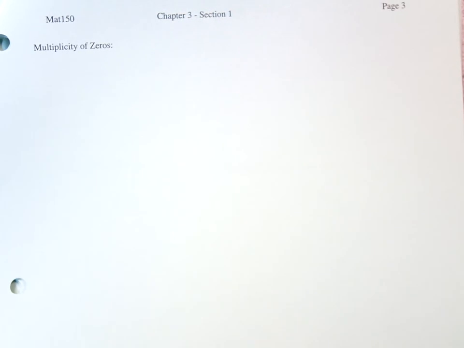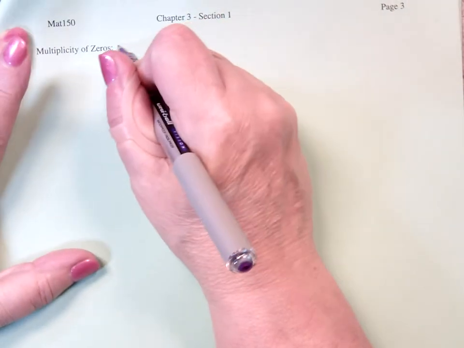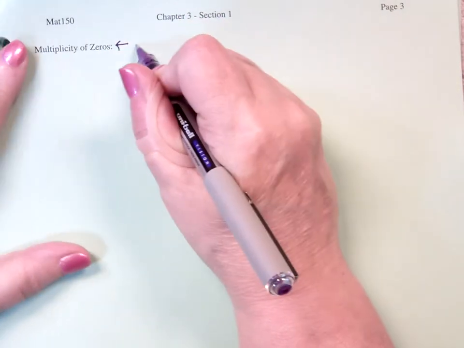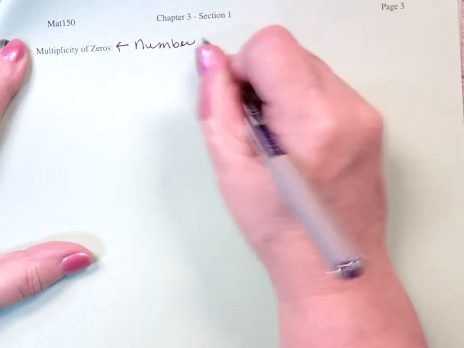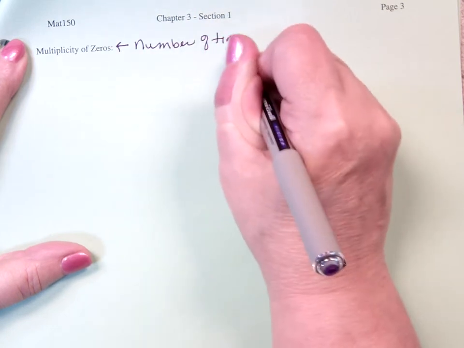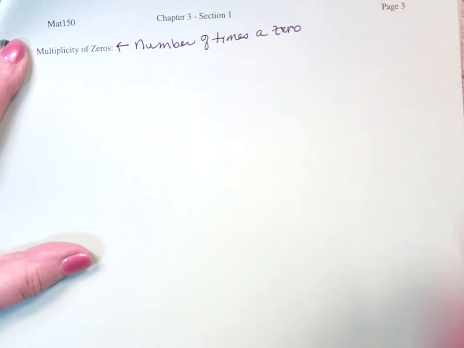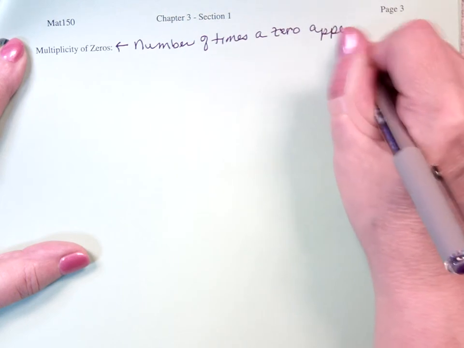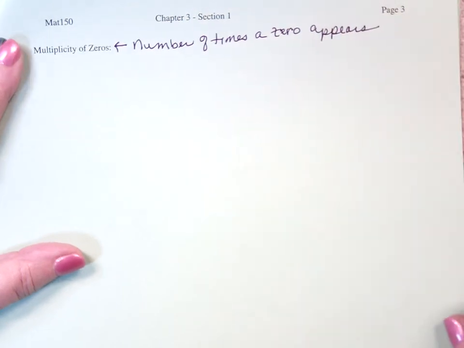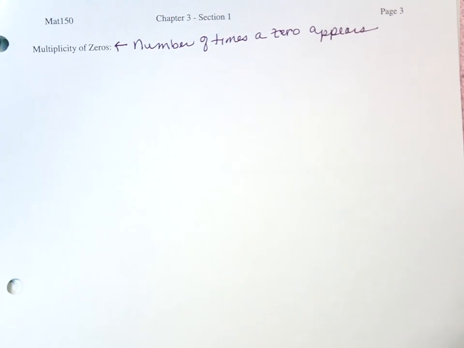So as we look at multiplicity of zeros, what is this? A multiplicity of 0 is the number of times a 0 appears. It's the number of times a 0 appears.